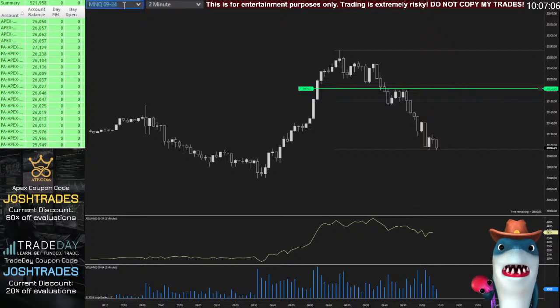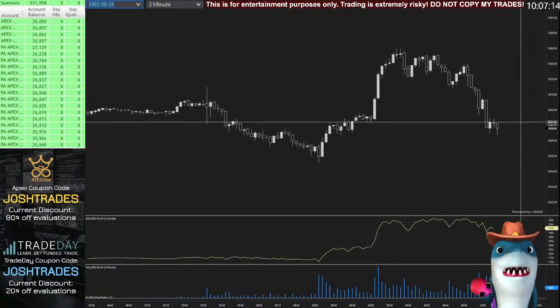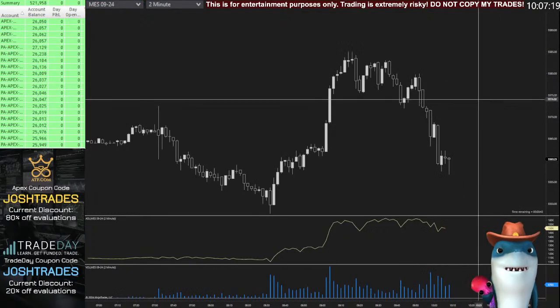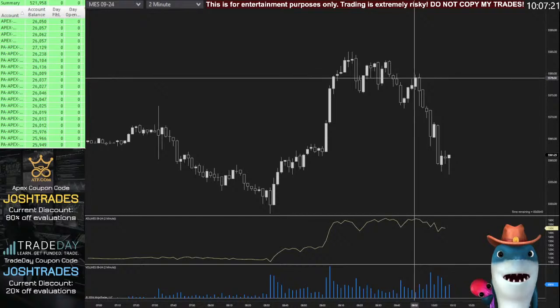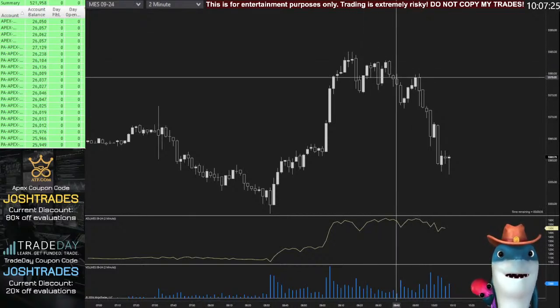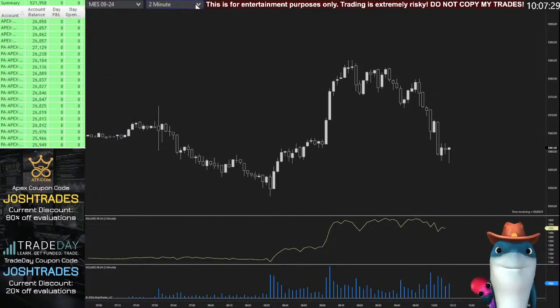But I guess this is NQ, right? ES. Let's look at MES again. See how that's looking. Yeah, MES actually gave you this retracement entry over here. But NQ didn't. So what can you do?